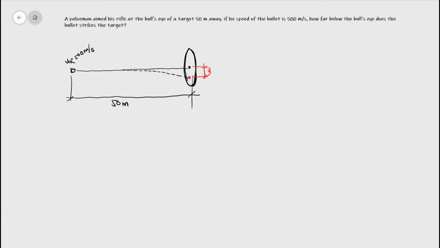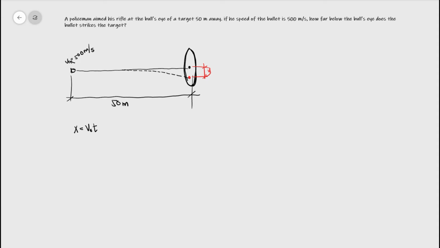Therefore, we need to get this distance, let's say y distance. To solve this problem, first we need to find the time when the bullet reaches this point, which is 50 meters away. Since the bullet is traveling with a speed of 500 meters per second, with the formula at constant speed, instead of s we'll be using x, so x is equal to the velocity times the time.